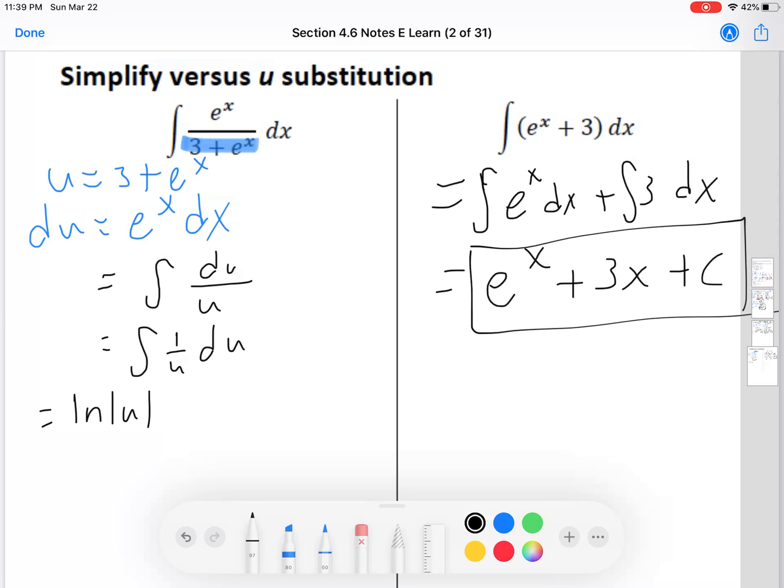This is always the case, a nice integral like that e integral.